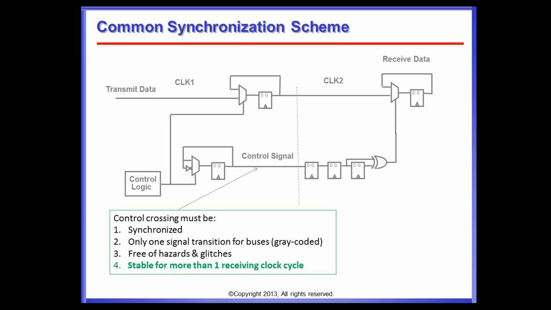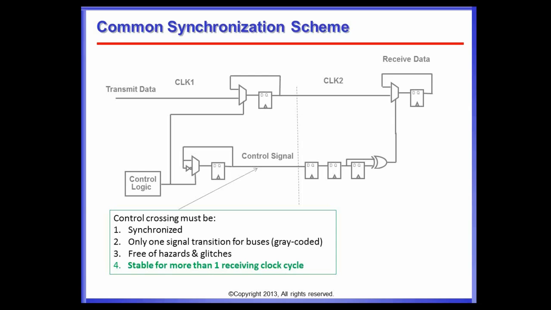And you see here, in that case, we have a handshake, so it means we have a data path controlled by a mux or whatever you use for that, and the control signal is synchronized. So you have two synchronizing flops to avoid the metastability.